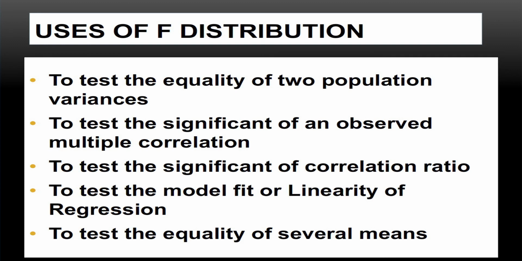F distributions are used to test the significance of correlation ratio. 4. F distributions are used to test the model fit or linearity of regression. 5. The F distribution is used to test the equality of several means. So, in regression analysis, this is used to test the fit of the regression model.